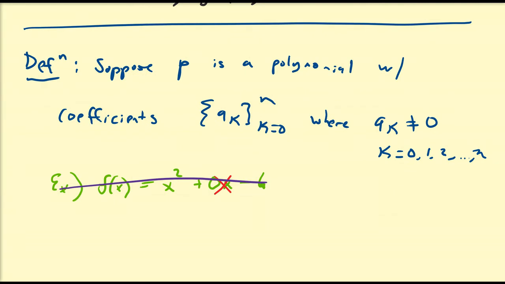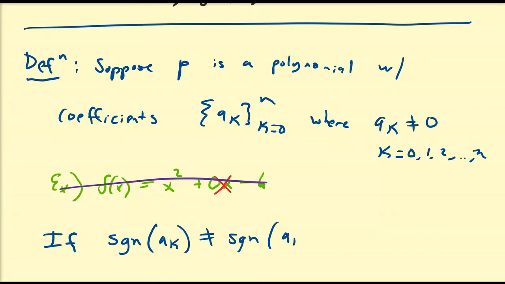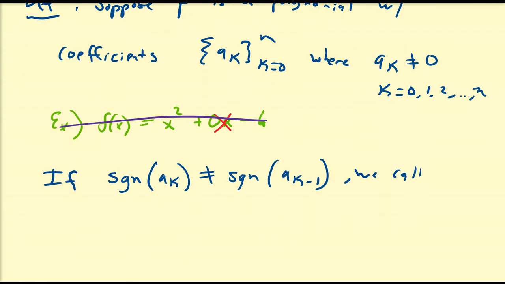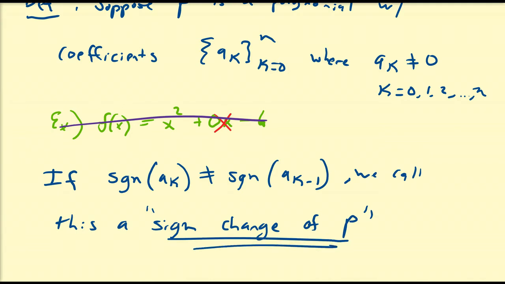So what we're going to do: if the sign of coefficient a_k is not equal to the sign of the coefficient right next to it, we call this a sign change of polynomial P.